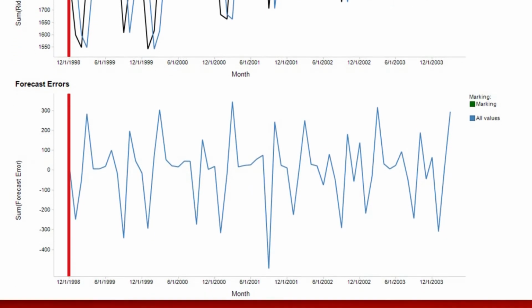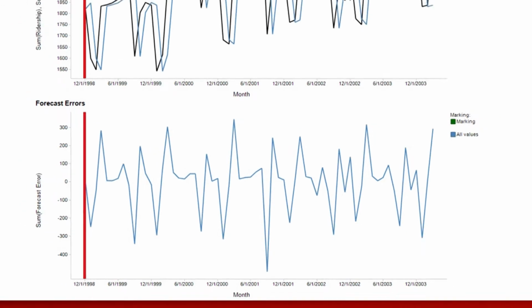The other chart that's right below it and has the exact same x-axis is the residual chart, or the forecast errors chart. Notice that the y-axis here is different. This is measuring the error, the difference between y and f. Ideally, we would want everything to be 0, but obviously that's impossible.